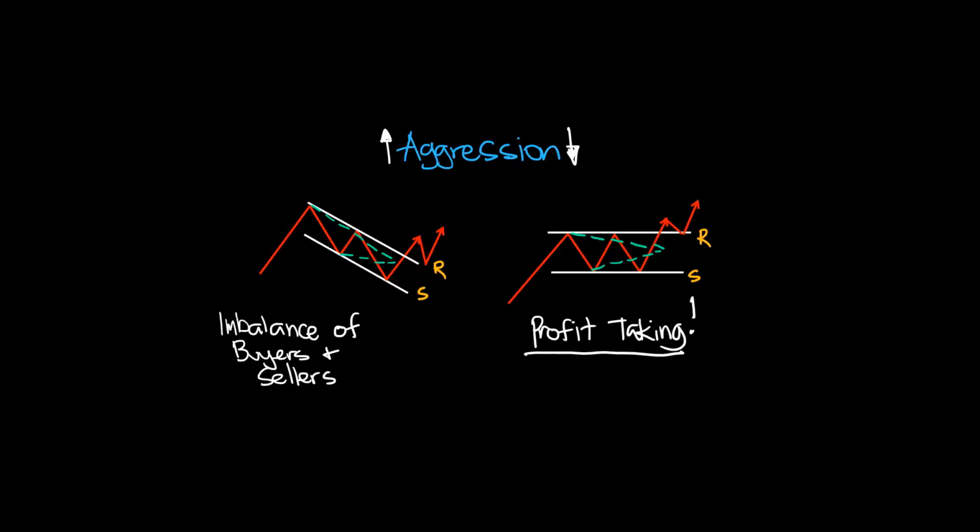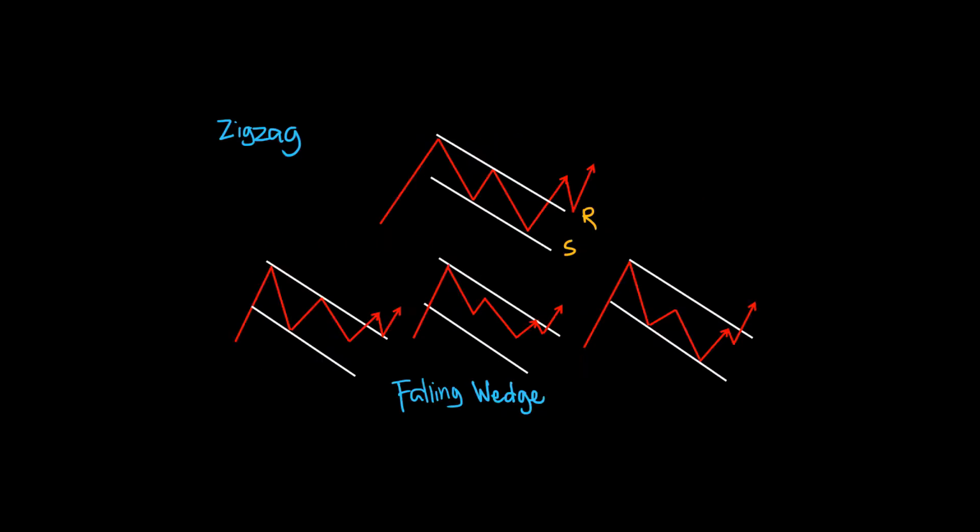Let me now show you some examples of how these shifts in aggression can manifest in our DCS channel or our DCS approach. First, let's look at a typical zigzag, which is bounded by our DCS approach.